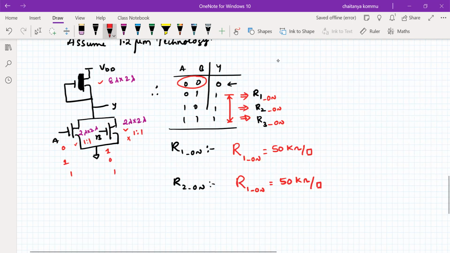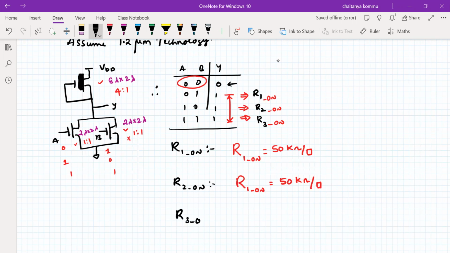In terms of lambda, each and every constant is multiplied with 2 lambda, because the minimum feature size in this lambda based design rule is 2 lambda. We have to maintain the feature size. The width and lengths of the transistors are 2 lambda. That's the reason. Now, what about R on for this one?